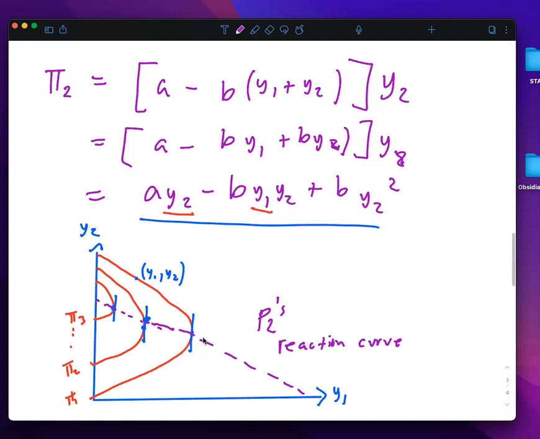And what do I mean by reaction curve? We're saying that at every level of output, this is how player 2 is going to react to player 1's decision.